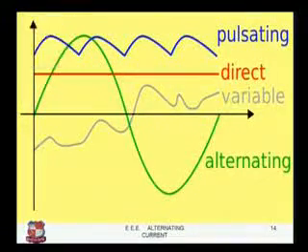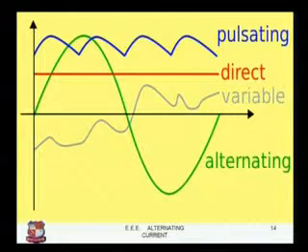Okay, this is the diagram which shows the pulsating DC and alternating current, and also the variable quantity. The first blue wave will indicate the pulsating DC. As we discussed earlier, pulsating DC means if you are changing the circuit element, means if you are changing the voltage or the resistance, due to that the magnitude of current will change.